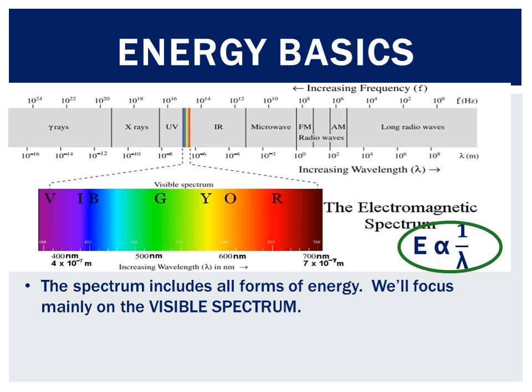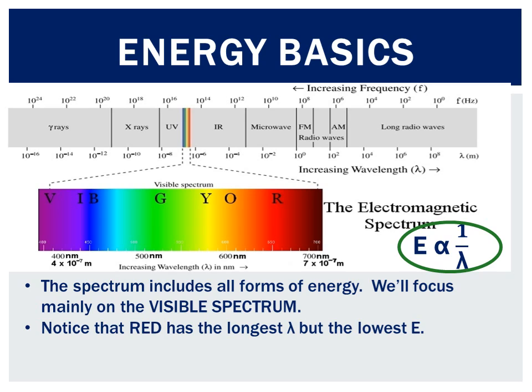Before I give you the answers to our driving questions at the beginning, let's look at this proportionality again and look at red. Red is up here with the higher wavelength. So it has the bigger wavelength. So remember, it's inversely proportional. Big wavelength means low energy.